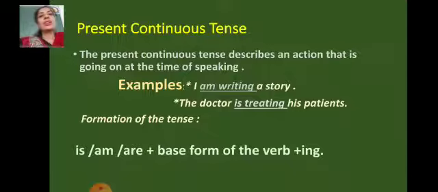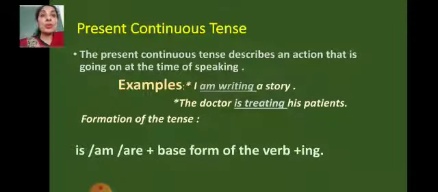Okay? Now we have present continuous tense. What is the meaning? The present continuous tense describes an action that is going on at the time of speaking. Not in front of you, but going on somewhere else when you are speaking about that action. Okay? Examples: I'm writing a story.